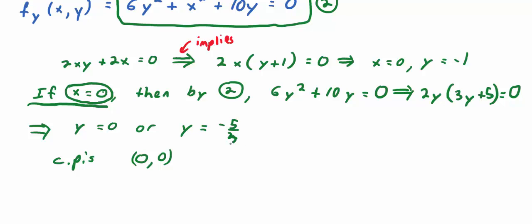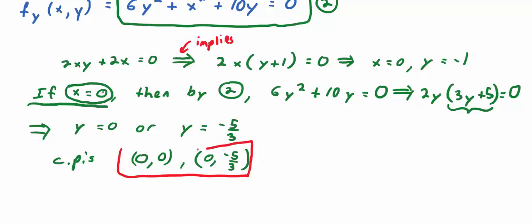I should have written 5/3 there, because remember, I set that equal to 0 and solved, and you get -5/3. So we get (0, 0) or (0, -5/3). Just keep these two critical points in mind. Just save these for later.